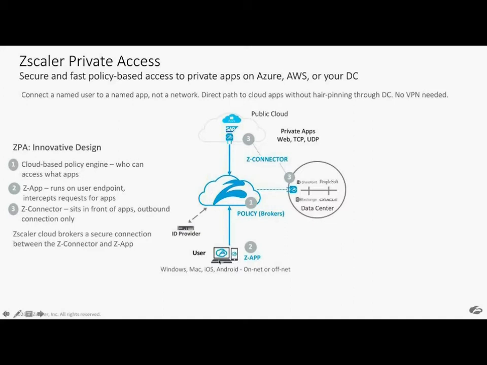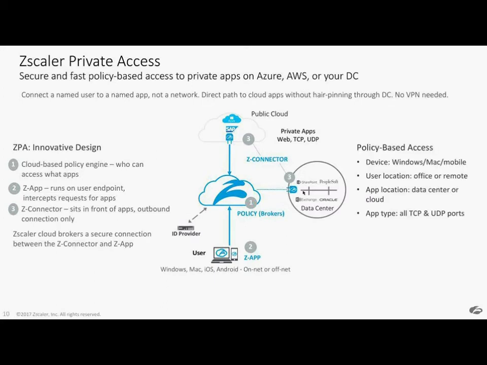A user accessing an application through the Zscaler service to identify which connector to use and facilitating that TLS communication end-to-end. And this is for any application, TCP, UDP, client-to-server traffic, all federated and brokered through the Zscaler cloud to provide end-to-end connectivity to those applications.